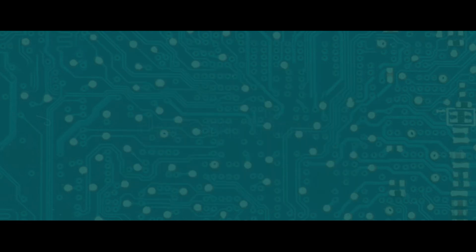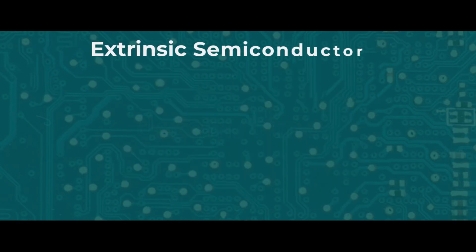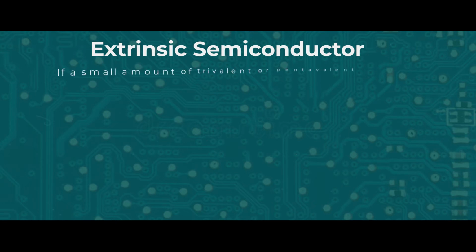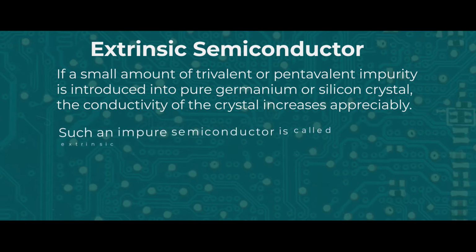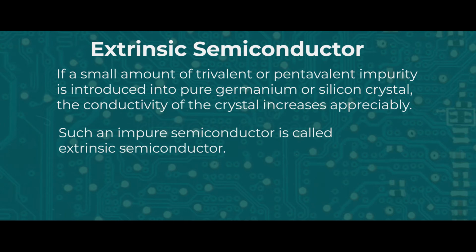Now next, let's look at extrinsic semiconductor. When a small amount of impurity, maybe pentavalent impurity or trivalent impurity, is added to pure semiconductor, then the conductivity of the semiconductor increases. Such a semiconductor is called extrinsic semiconductor. Remember, intrinsic is the pure semiconductor.